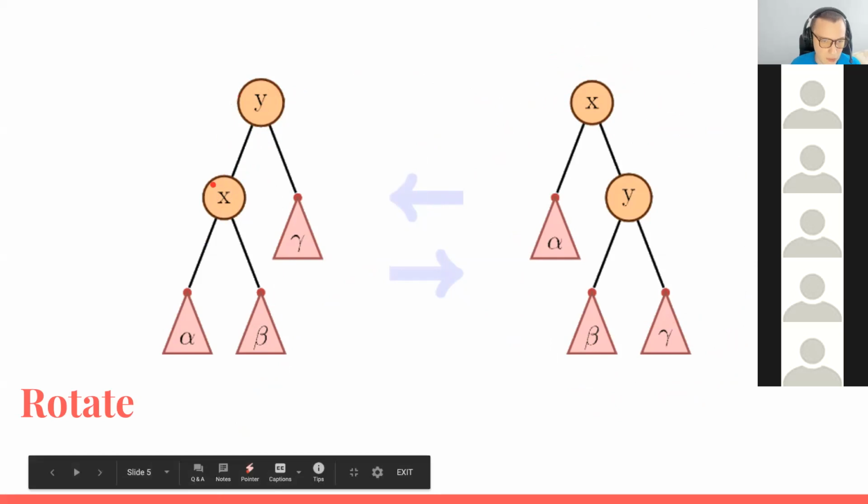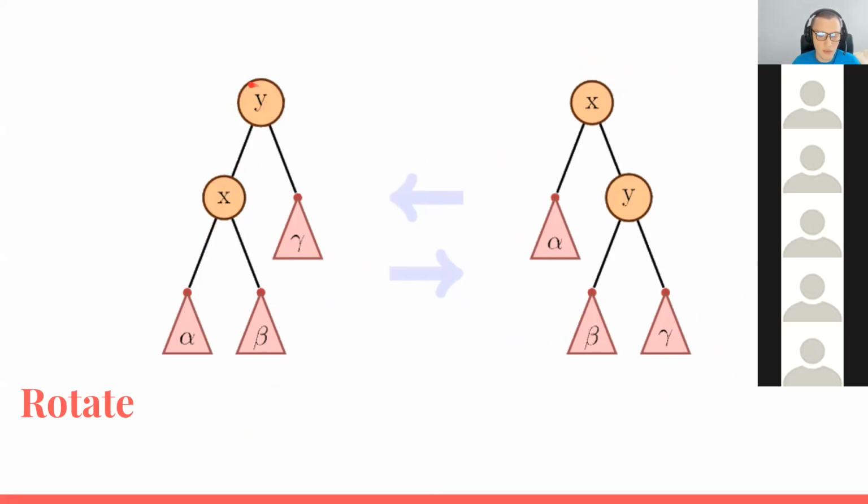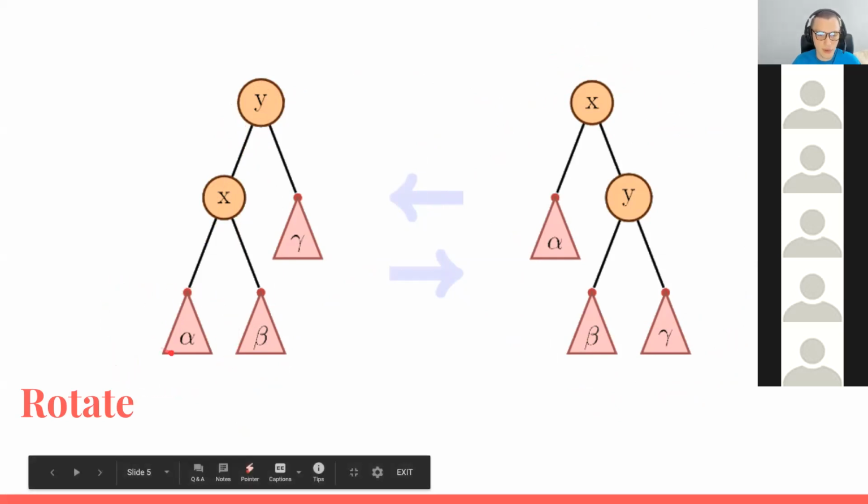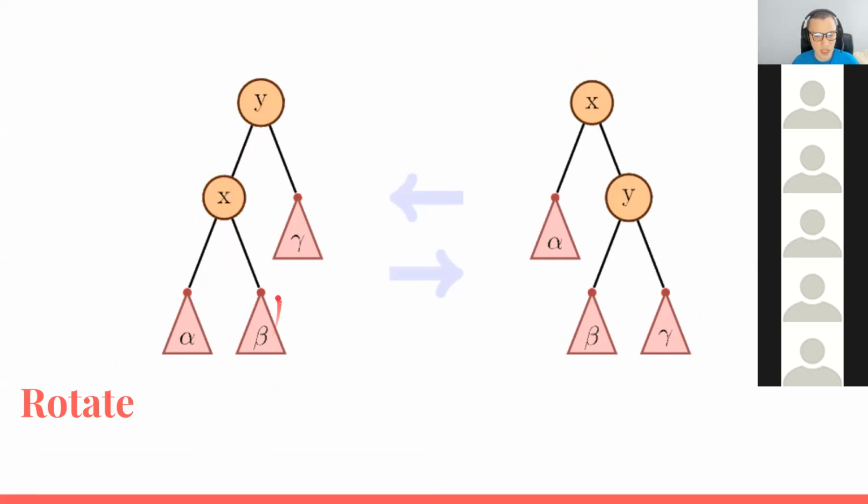So if we have vertex x and vertex y, we also have three other subtrees. Subtree alpha, where all the values are smaller than x. Subtree beta, where all the values are bigger than x but smaller than y. And subtree gamma, where all the values are bigger than y.